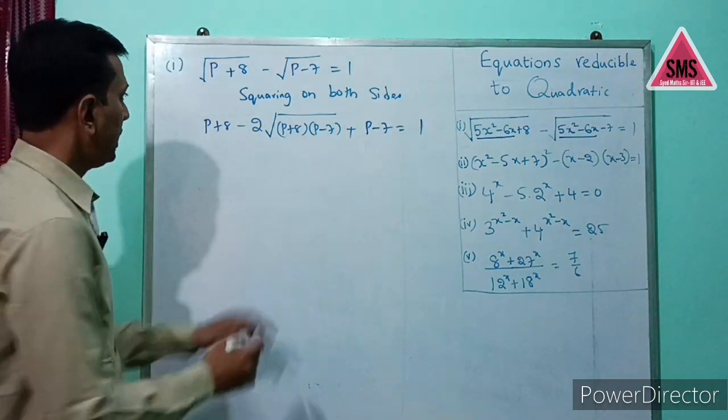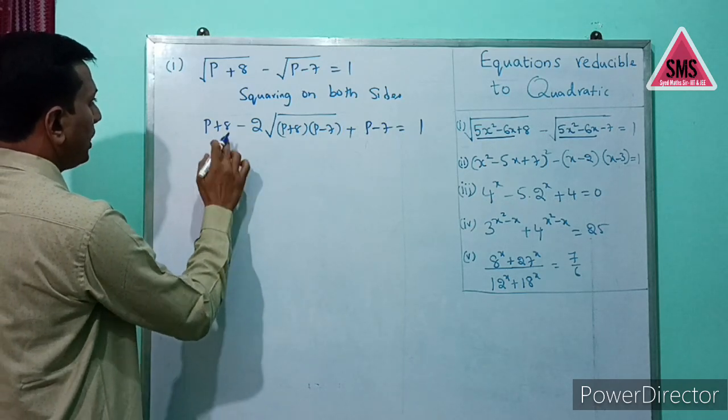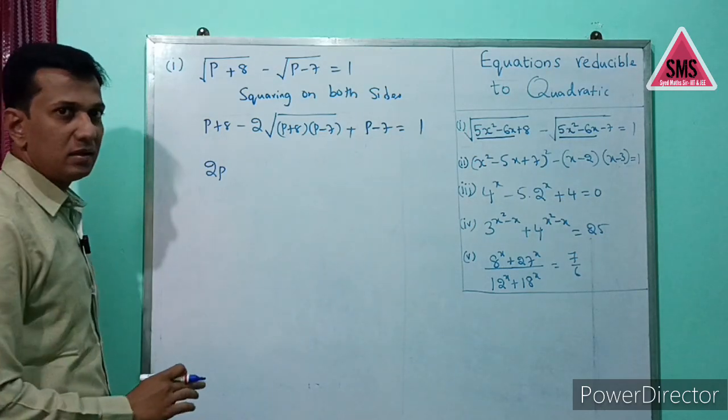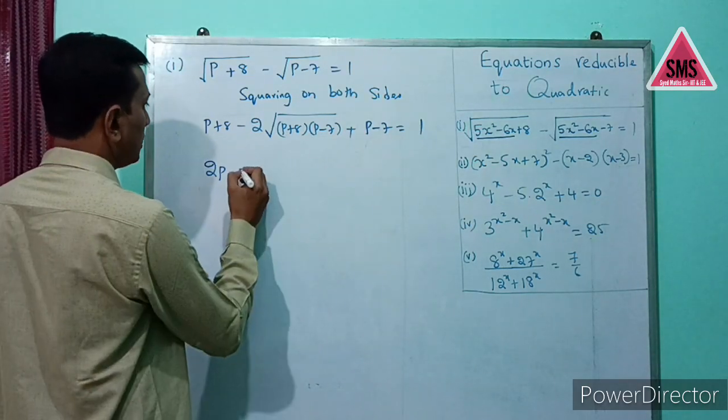Now p plus p is 2p, 8 minus 7 is 1, and 1 minus 1, after transposing, becomes 0.